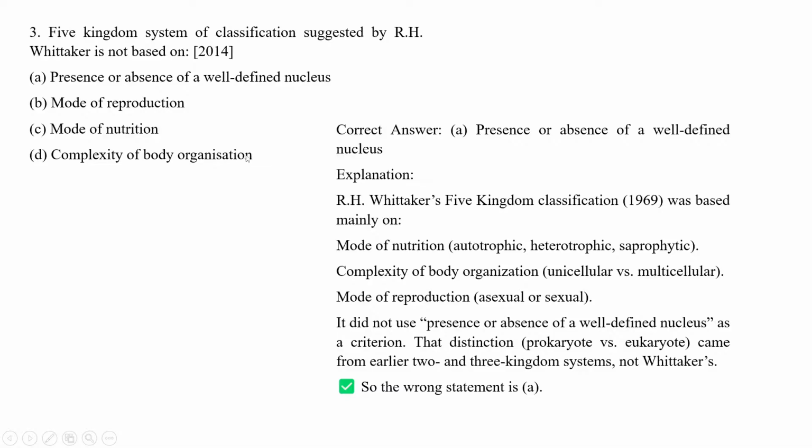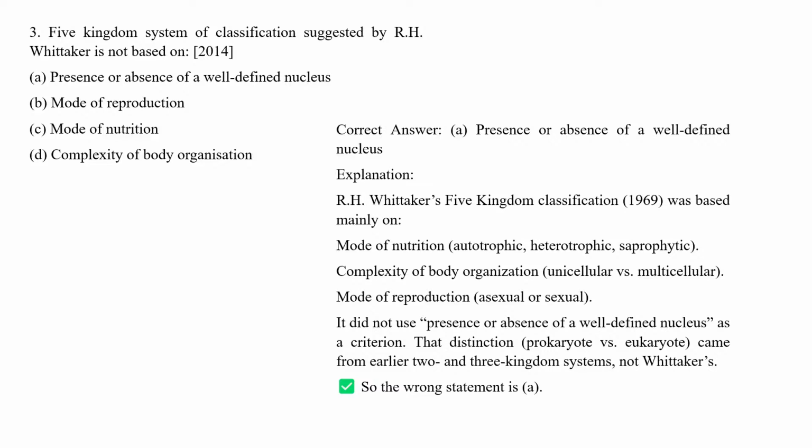Whittaker's 5-kingdom classification was based mainly on mode of nutrition, so autotrophic, heterotrophic, and saprotrophic; complexity of body organization, whether it is unicellular or multicellular; and also mode of reproduction.